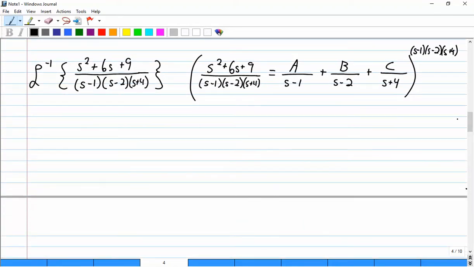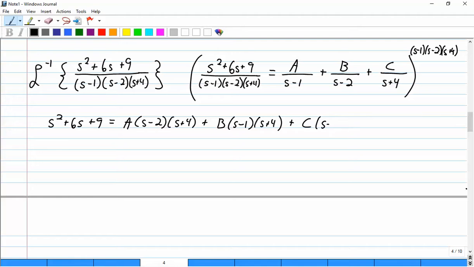So when I do that, I'll have s squared plus 6s plus 9 equals A times s minus 2 times s plus 4 plus B times s minus 1 times s plus 4 plus C times s minus 1 times s minus 2.